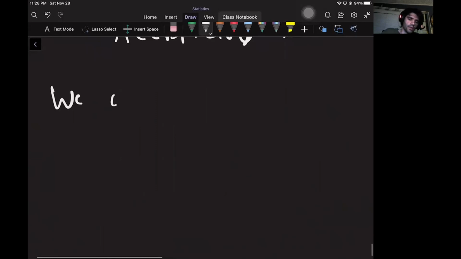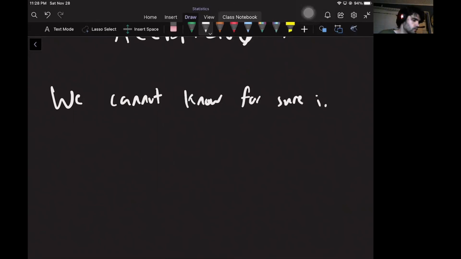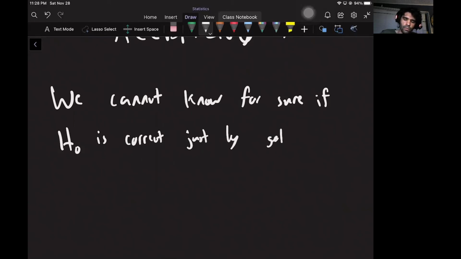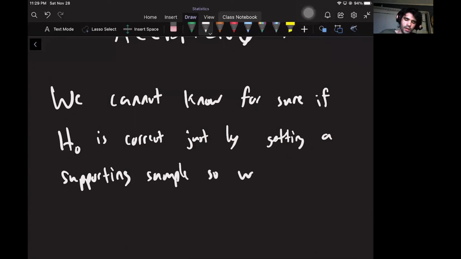So yeah, we cannot know for sure if H0 is correct just by getting a supporting sample, a sample that's perfectly in line with whatever H0 is saying is true. So we never accept.